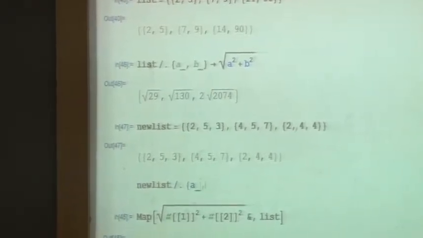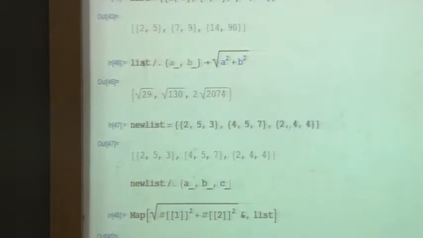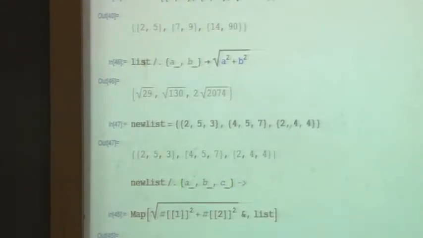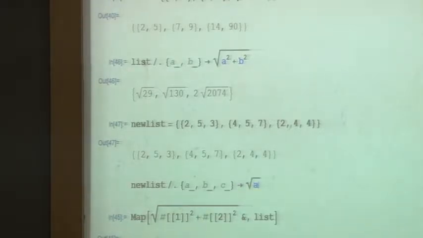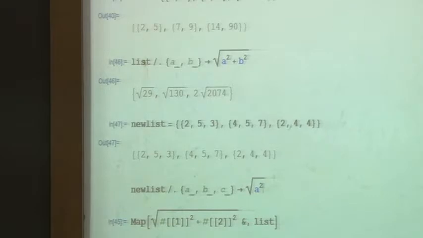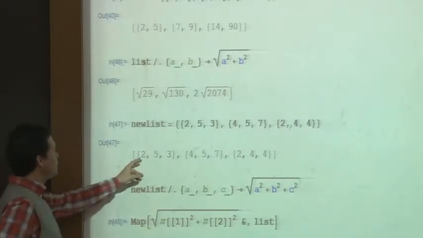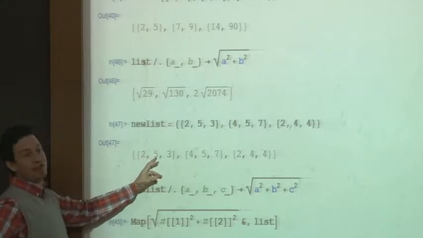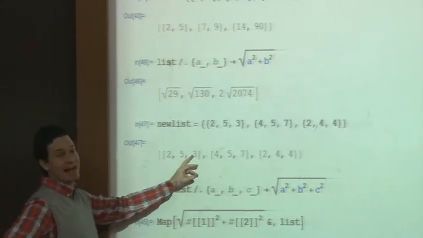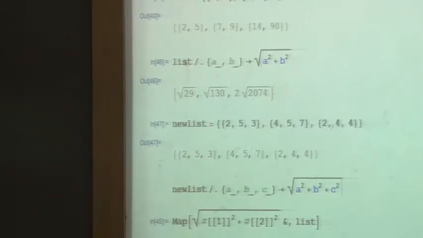And I say whenever you encounter something like this, I want you to replace it with square root of a squared plus b squared plus c squared, right? Okay? So in principle, I would expect Mathematica to give me 2 squared, 4 plus 25, 29, plus 9, 38, right? Square root of 38, correct?